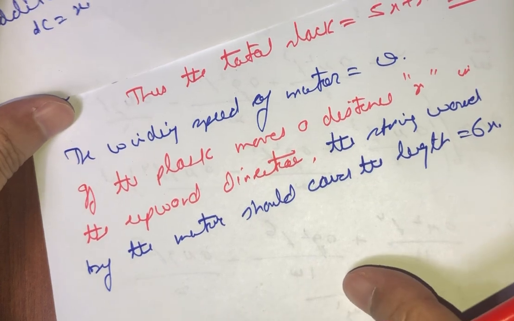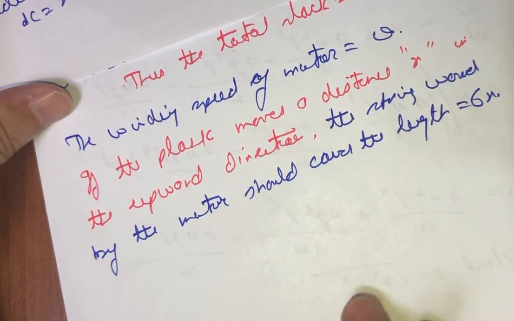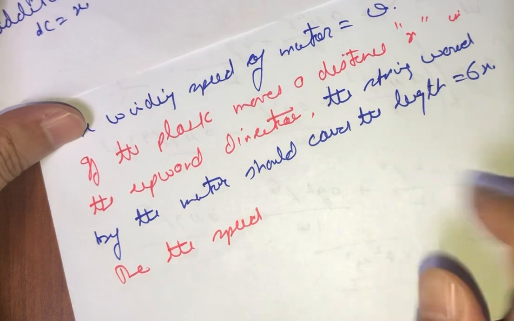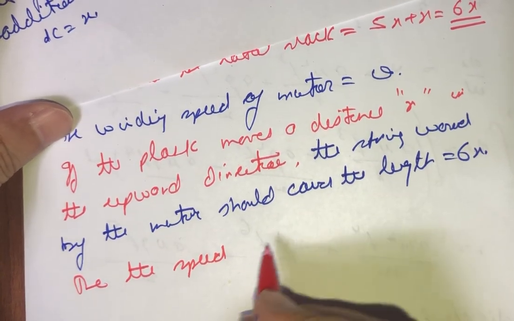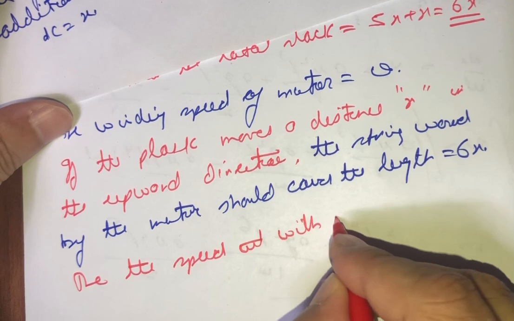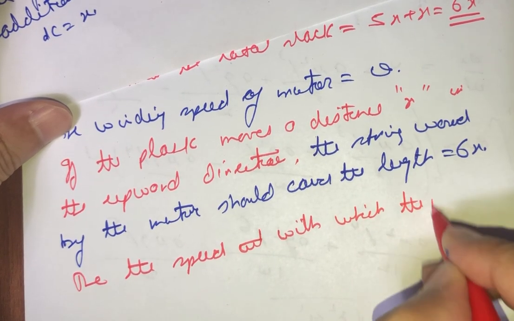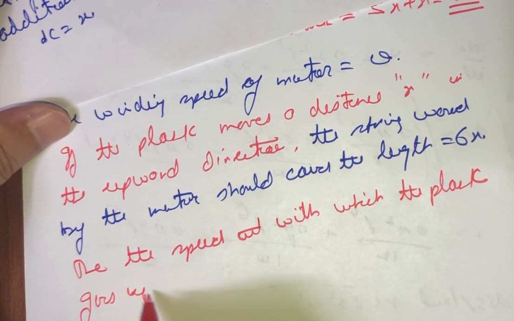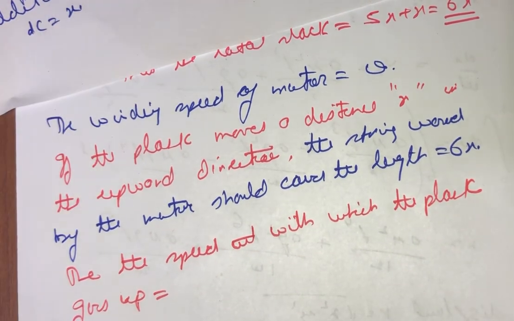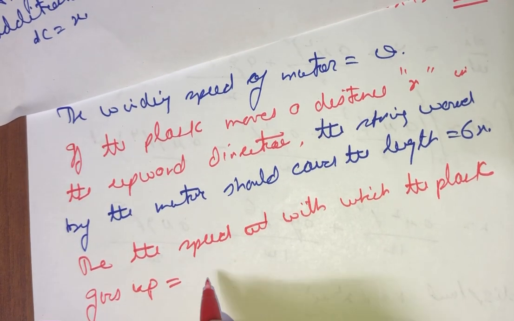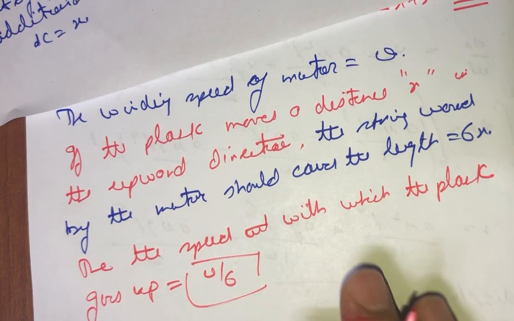Thus we can say the speed with which the plank goes up, in terms of v, we can easily calculate, and that will be equal to v by 6.